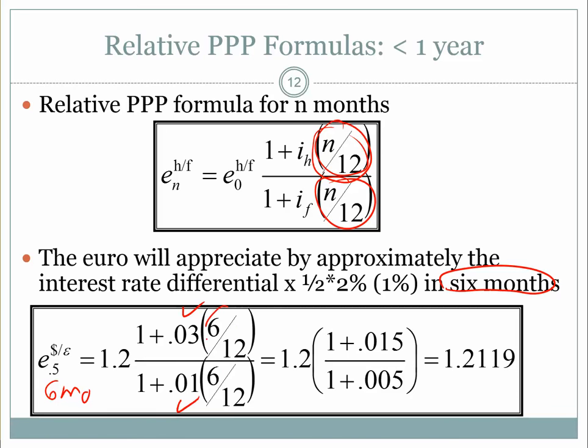We'll just take 6/12, so 1.5% and 0.5% on the denominator, and you see the exchange rate will go up from 120 to 121, which is about a 1% change. So what's happening is there's a 2% change in relative prices over a year, so it's 1% relative change in prices over 6 months. So the euro is going to appreciate by about 1% to offset that change.